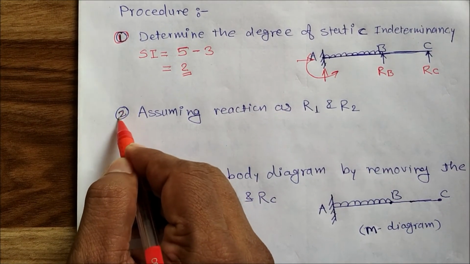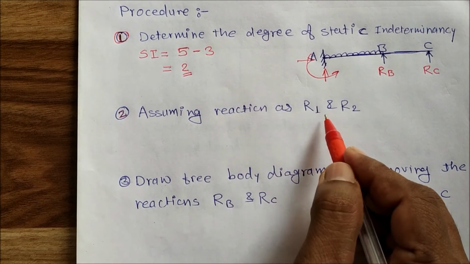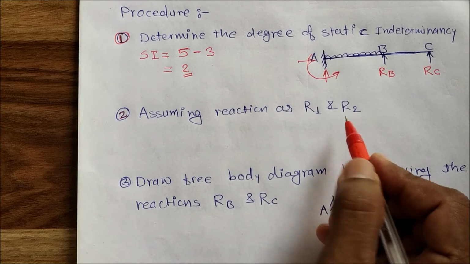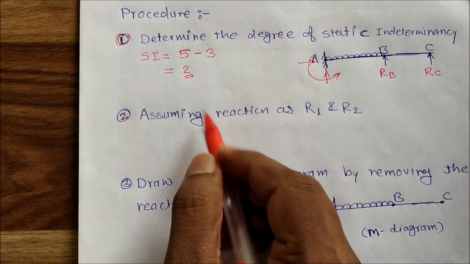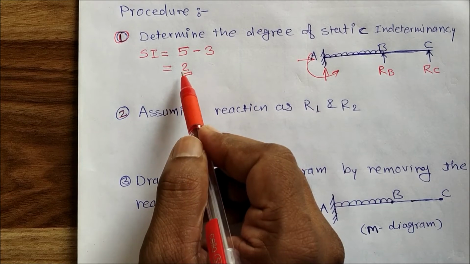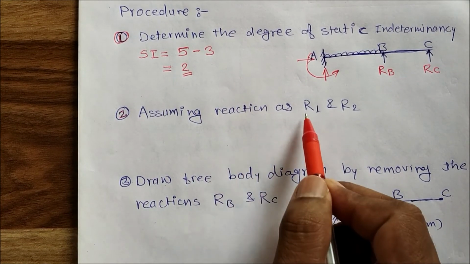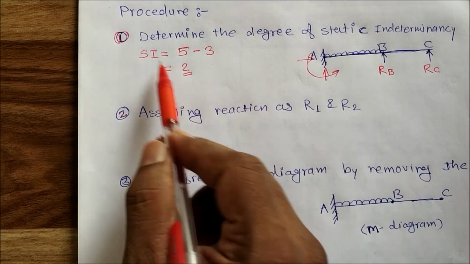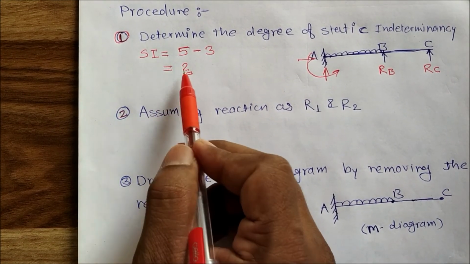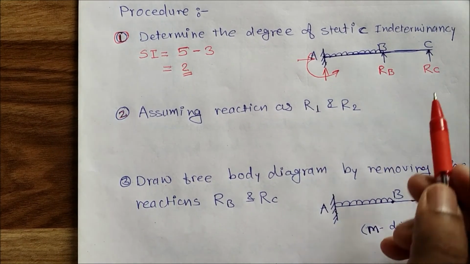In the second step, we have to assume the reactions as R1 and R2, according to our static indeterminacy of 2. If the static indeterminacy is 3, in that case we have to assume R1, R2 and R3.